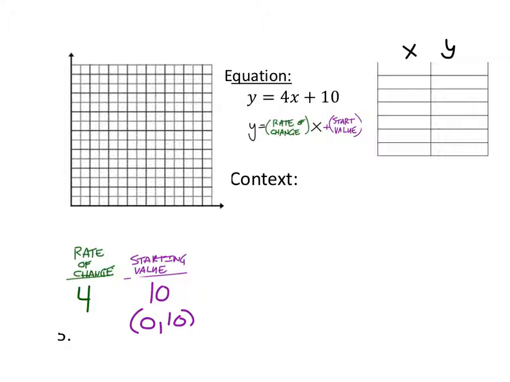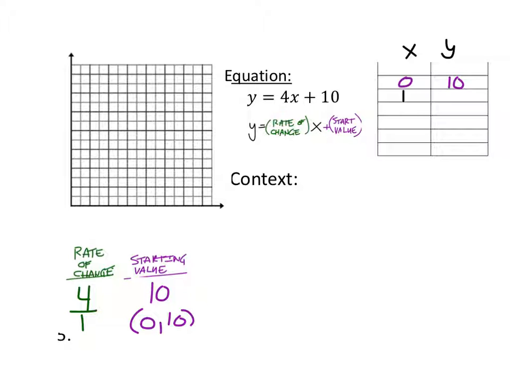But I know when x is 0, y is 10, because that's our starting value, just based on the equation, because we got plus 10 right there. Now with the rate of change, as we've seen before, this one is 4. We could show it as 4 over 1, which means for every 1 x, you're going to get 4 y's.